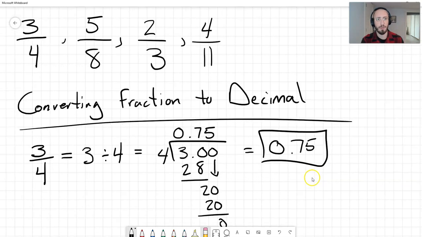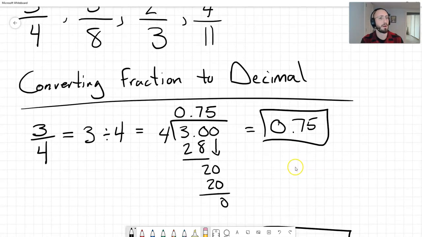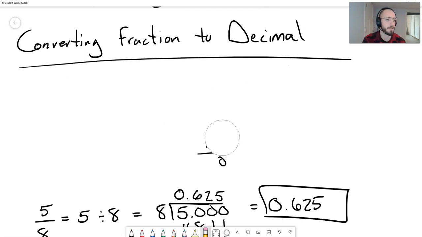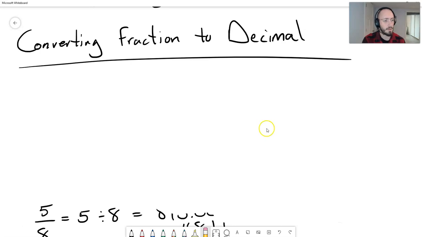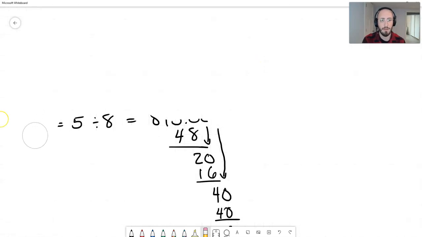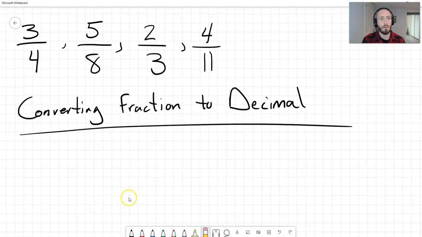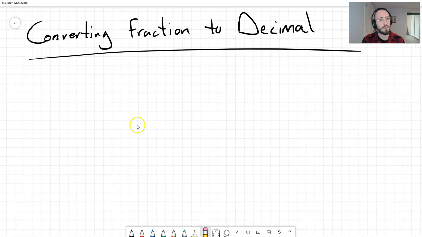So we're going to look at a couple different kinds of decimals next. I will erase this stuff so I have more room to write. All right, now we're going to look at the fraction 2/3.